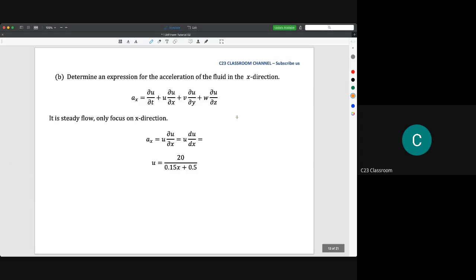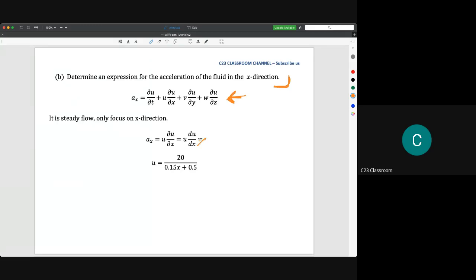Then we need to determine an expression for the acceleration of the fluid in x direction. The acceleration is shown in the previous slide, where I showed you how to determine it. So this is the acceleration for x-axis: du dt plus u du dx plus v du dy plus w du dz. Because it is a steady flow and we only focus on the x direction, we can simplify the equation, so the acceleration for x is equal to u du dx.